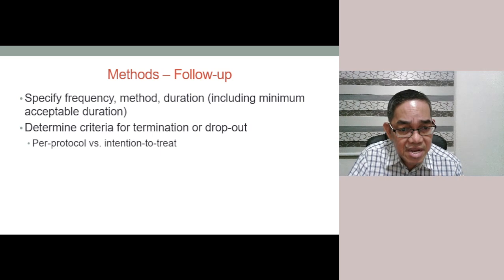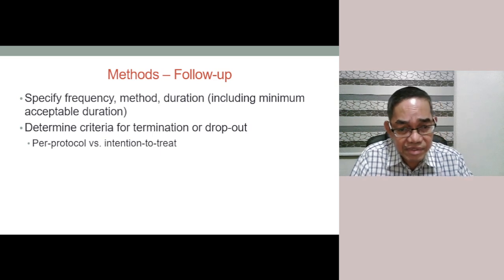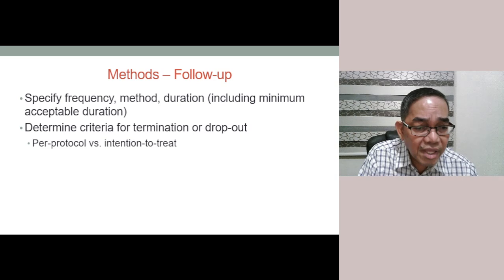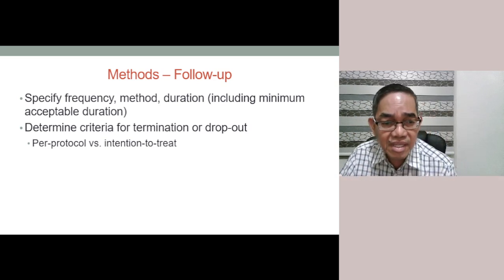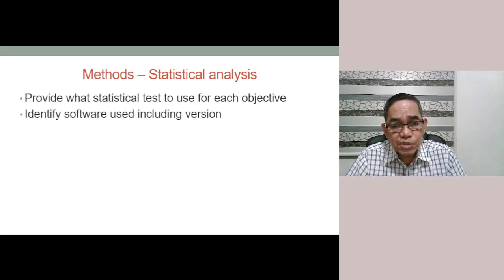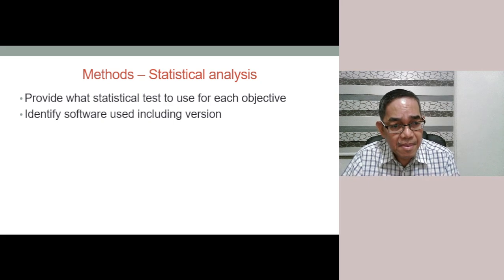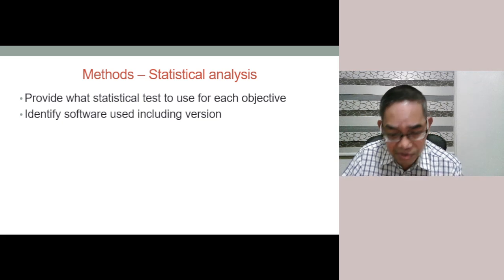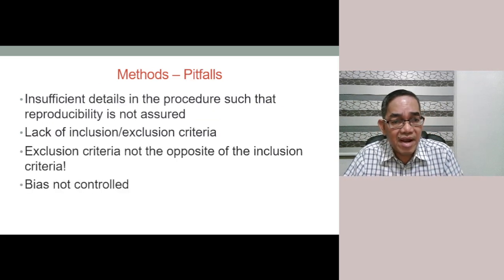Determine criteria for termination or dropout. Now, if it's a clinical trial, you talk of per protocol analysis or intention to treat analysis. Then provide what statistical test to use for each objective. So, identify the software used, including the version, as we have said a while ago.